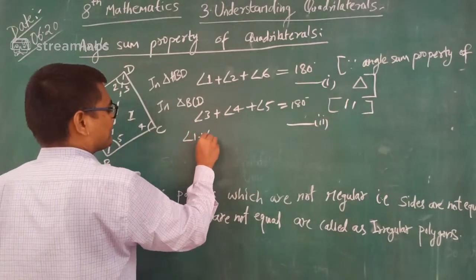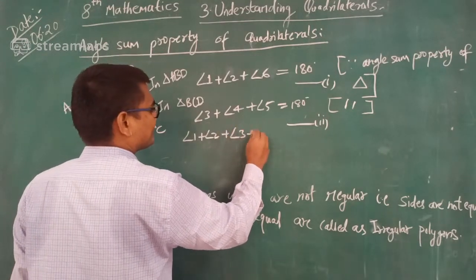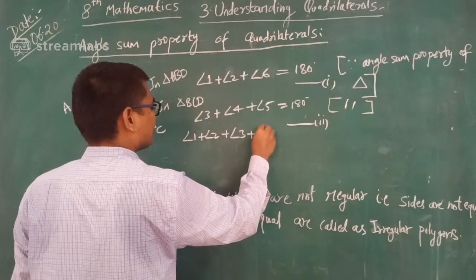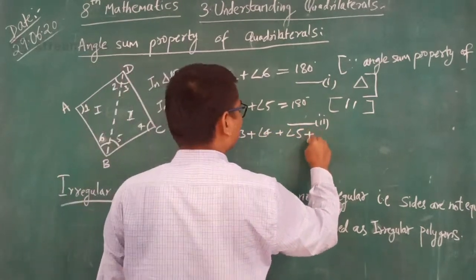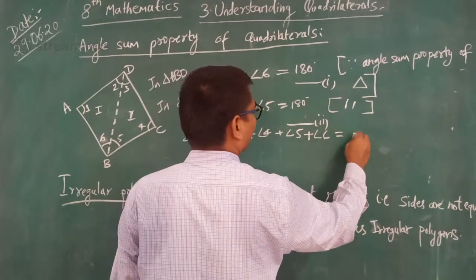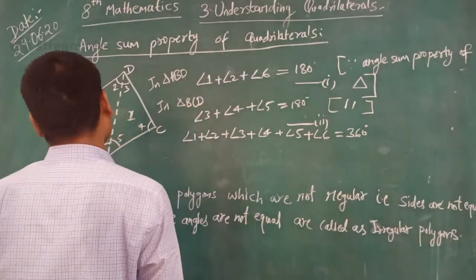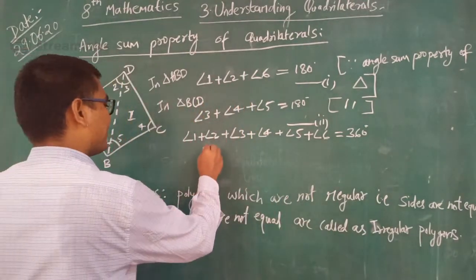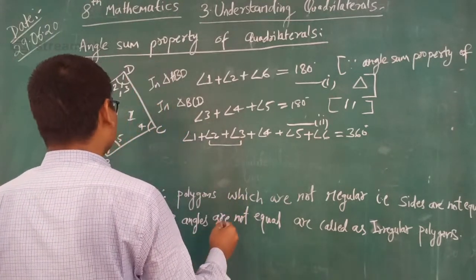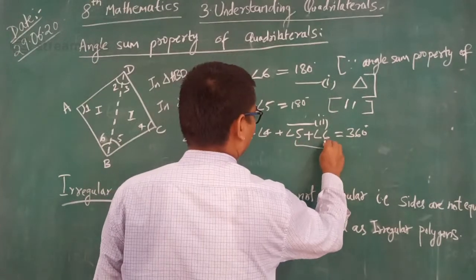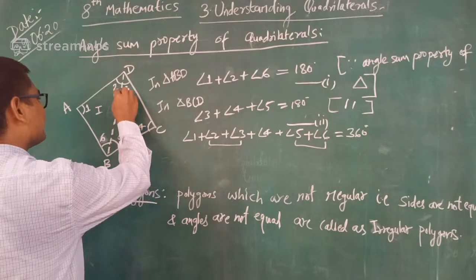Angle 1 plus angle 2 plus angle 3 plus angle 4 plus angle 5 plus angle 6 will be equal to 360 degrees. When we add angle 2 and 3, consider angle 2 and angle 3 as a single angle, and similarly angle 5 and angle 6 as a single angle.